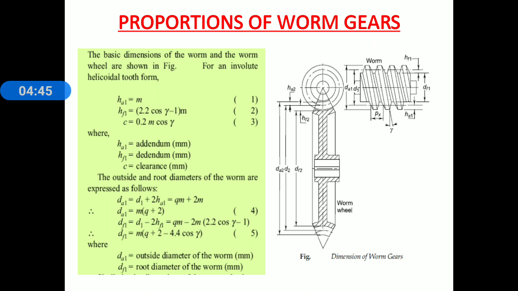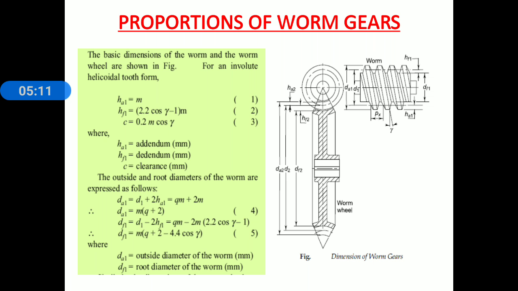Similarly, again everyone observe the figure of worm, and using this sketch, we find out the root diameter of worm, denoted by letter DF1. DF1 is equal to D1 minus 2 HF1. HF1, that is the dedendum, the value of dedendum present in equation number 2, and this value we have to substitute in that relation.